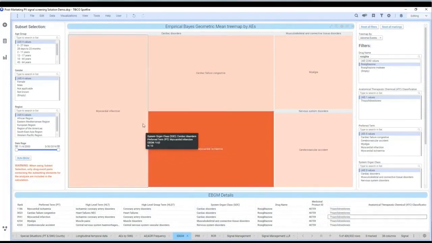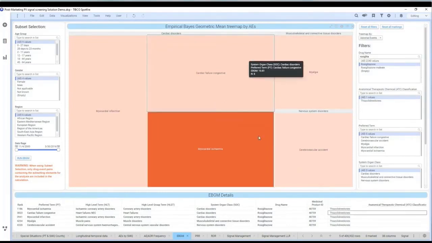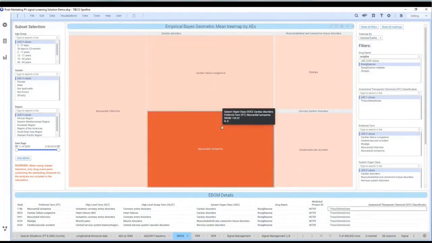The signal generated does not prove causation, but it provides timely detection of signals for a marketed product while minimizing the overall monitoring efforts, and allows the safety scientists to focus on investigation and assessment of this signal finding.